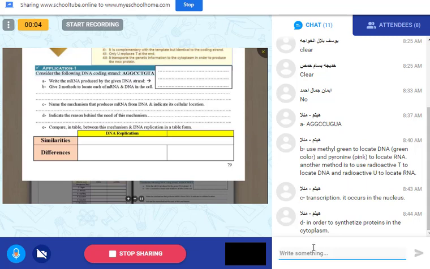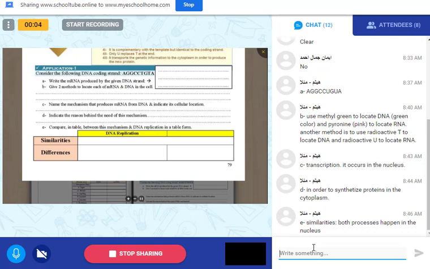Let's start with the similarities. Both processes happen in the nucleus.